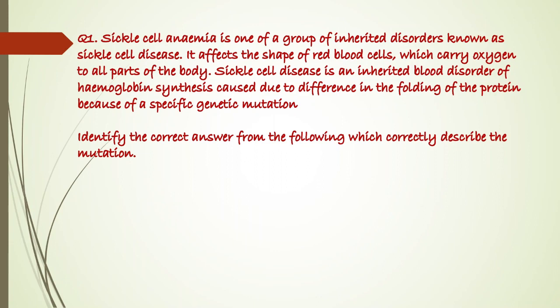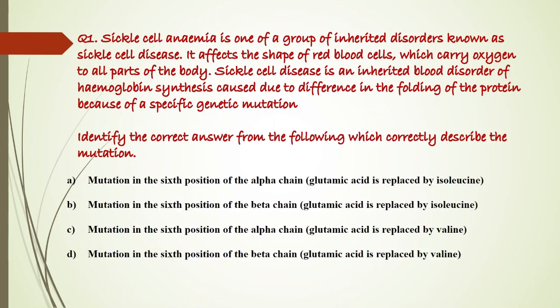It states, sickle cell anemia is one of a group of inherited disorders known as sickle cell disease. You already know that. It is basically a disorder that occurs during hemoglobin synthesis due to a difference in the folding of the protein. So identify the correct answer which describes the mutation.